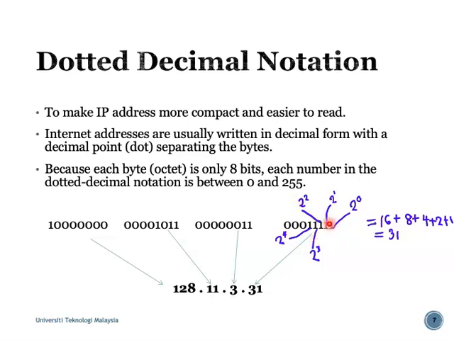We take the positions with value 1 and add all these numbers together. 16 plus 8 plus 4 plus 2 plus 1 is equal to 31. So for the first 8 bits from the right, the dotted decimal here is 31. It's just a simple conversion from the binary number to the decimal number. For the binary number, we put spaces in between bytes, but for the decimal here, we put a dot. That is why it is called dotted decimal.